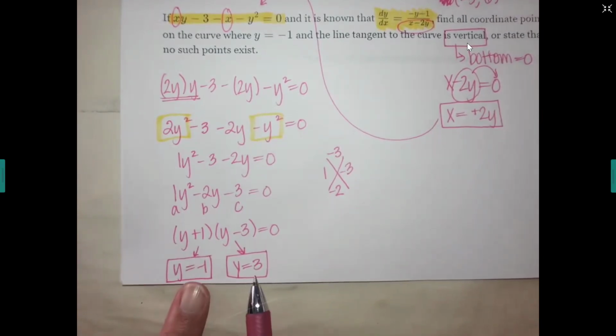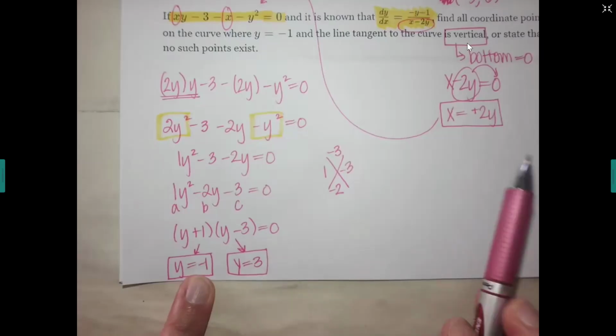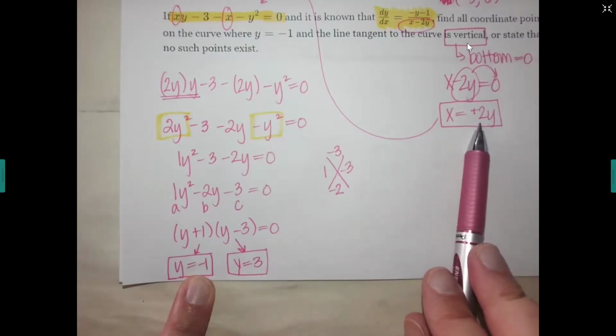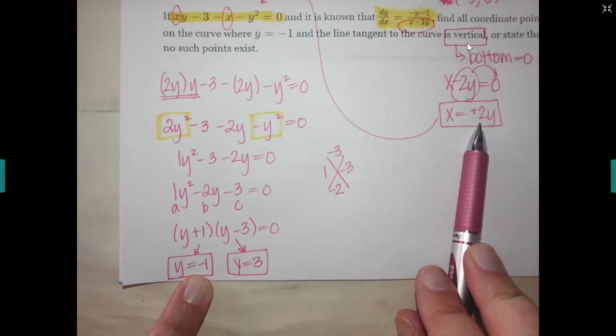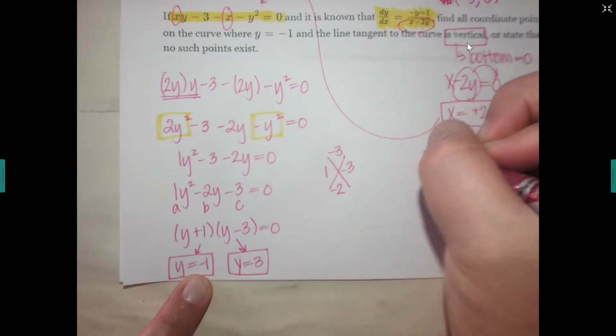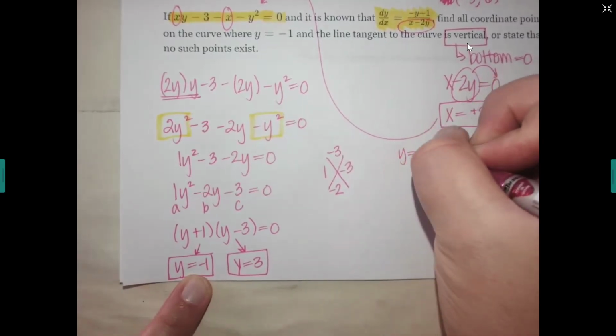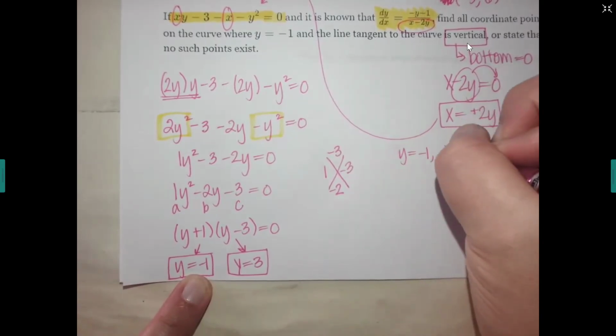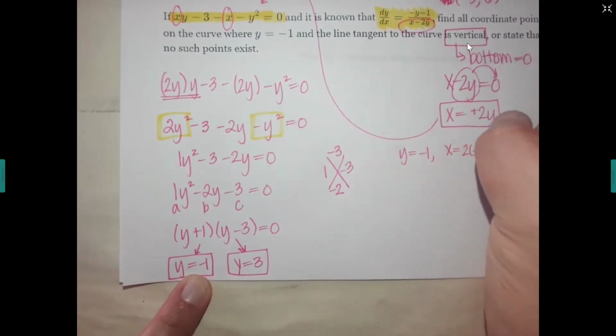So now that I have these 2 values, I'm going to go back to my substitution step and find what x's would go with that. So if my y is a -1, then I know my x is 2 times that, which means my x is a -2.